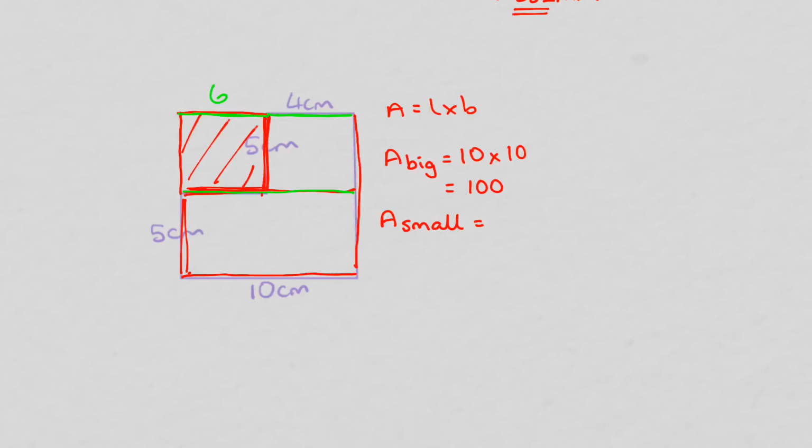So the area of the small rectangle is 6 by 5, which is 30. So the area of the L shape is 100, take away 30, which is 70, and it's square centimetres.